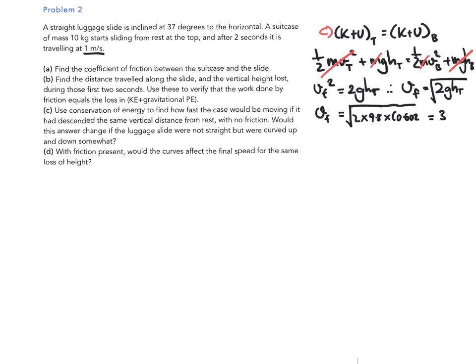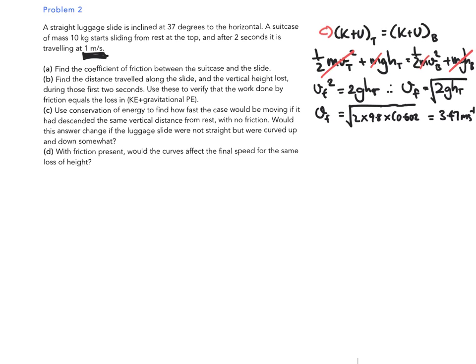That comes out to be 3.47 meters per second. That's good. It comes out to be greater than this value. And that's because there was no energy dissipated. So no kinetic energy was dissipated there by friction if we have a frictionless surface.